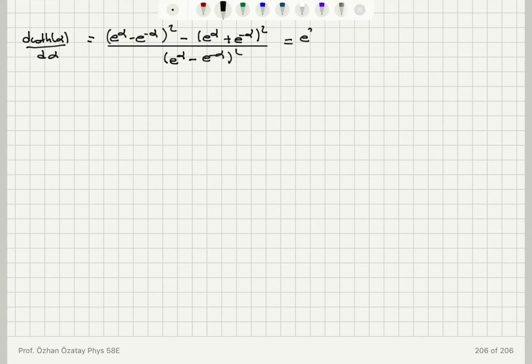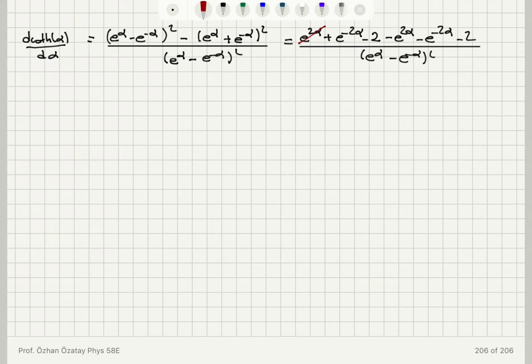This gives us e to the 2 alpha plus e to the minus 2 alpha minus 2, then minus e to the 2 alpha minus e to the minus 2 alpha and minus 2, divided by e to the alpha minus e to the minus alpha square.